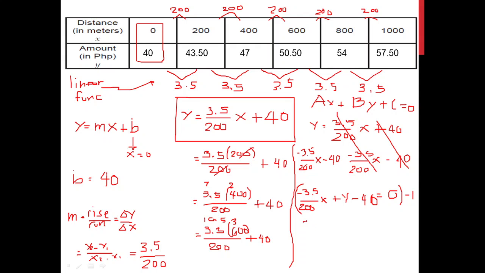So I have here 3.5 over 200 x, positive times negative.